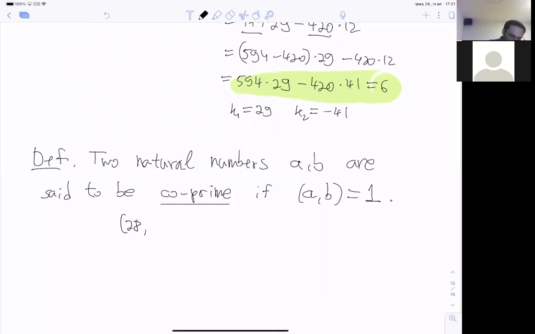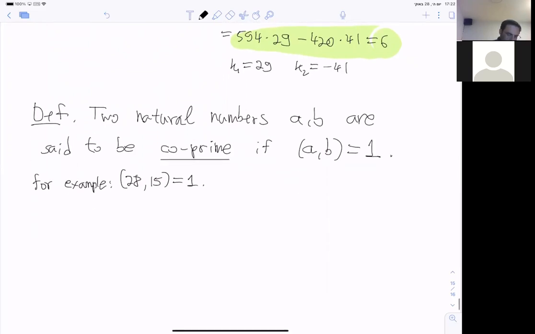So let us take, for example, 15. Okay, because here you have, and here we have different primes.